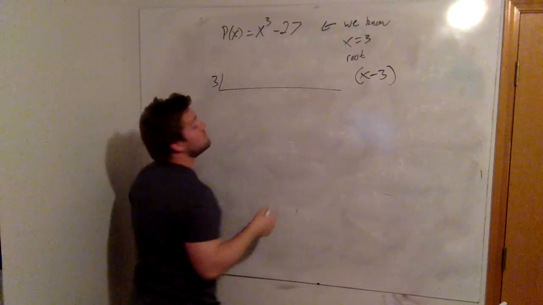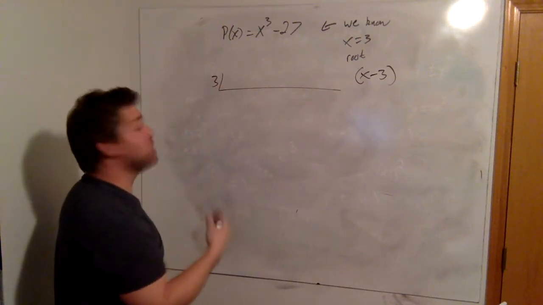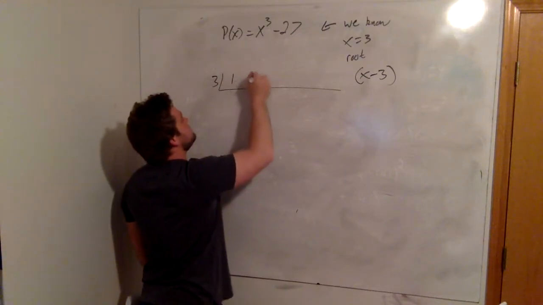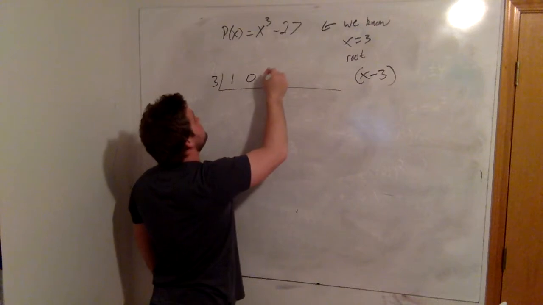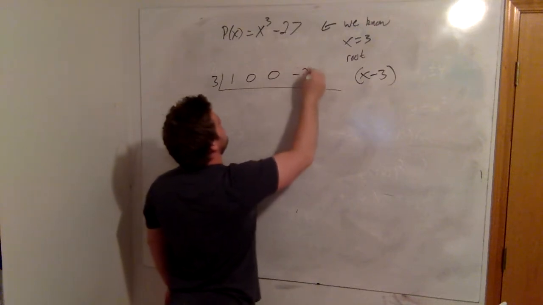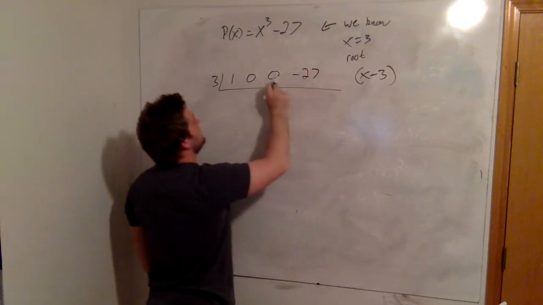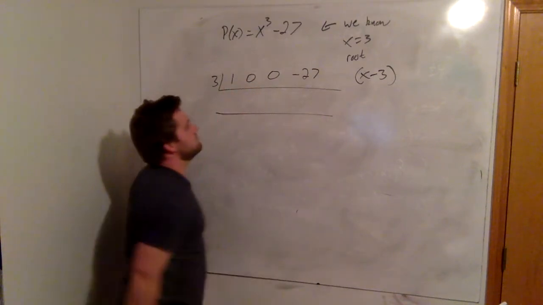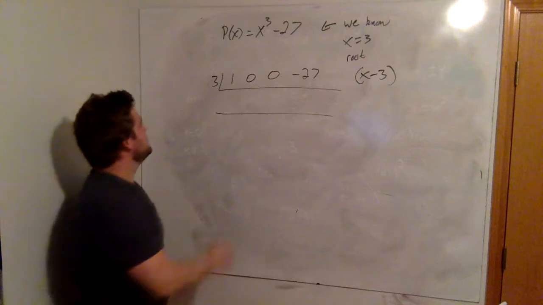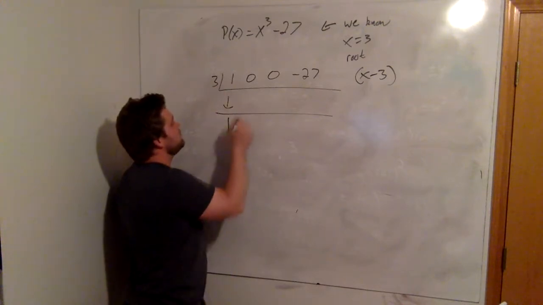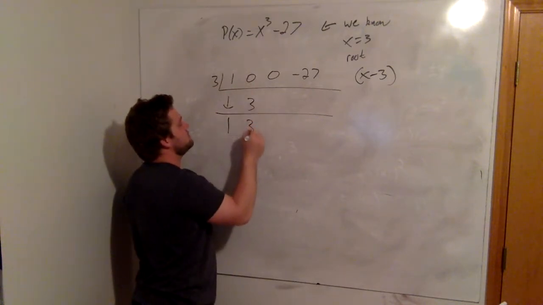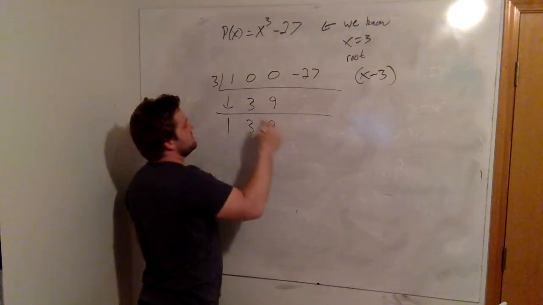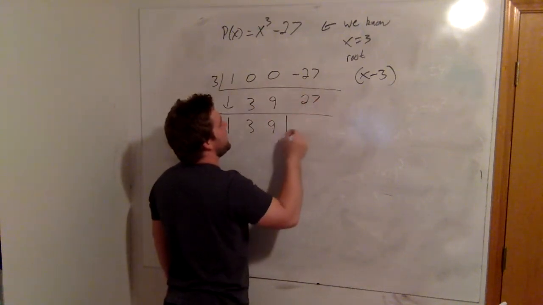So when I set up the synthetic division bar here, I need to remember to record the zeros. So I have a 1 in front of the x cubed, I have a 0 x squared, I have a 0 x, and I'll have a minus 27 constant term. Okay, and now we'll do synthetic division. I'll drop down the 1. 3 times 1 is 3. 3 plus 0 is 3. 3 times 3 is 9. 9 plus 0 is 9. 3 times 9 is 27, and ha!